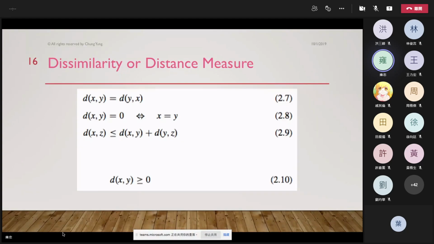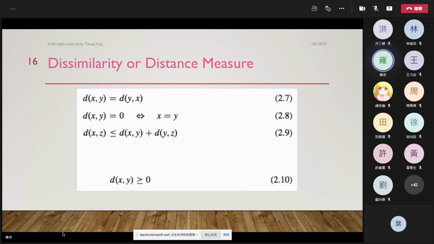If y is located on the line from x to z, then the formula is an equality: the distance from x to z is the same as the distance from x to y plus the distance from y to z.